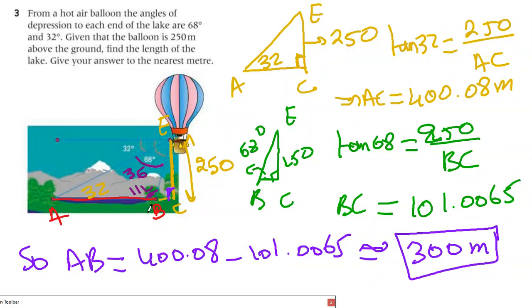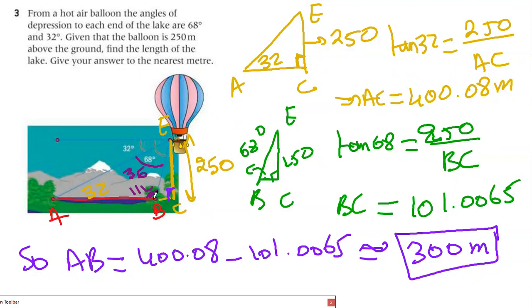Excellent. So first of all, if I look at the information given here, I have here 68 for this angle. Since this one is 32, it means this is 36. Here I have a Z shape, alternate angles, so this is 32, this is 32. And I can also have this angle here by doing 180 minus the sum of those two angles if I need it. Now, what is my objective? My objective, guys, is to find this distance AB.